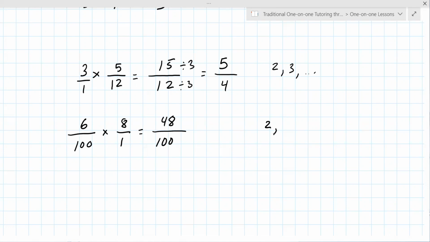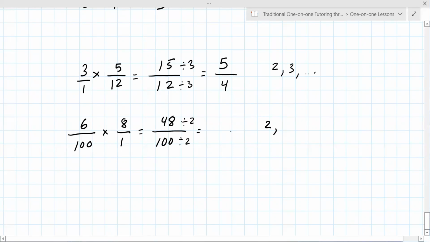You've got to divide both of these by 2. So think of dividing by 2, Michael, as cutting in half. Can you think of what half of 100 is? 50.